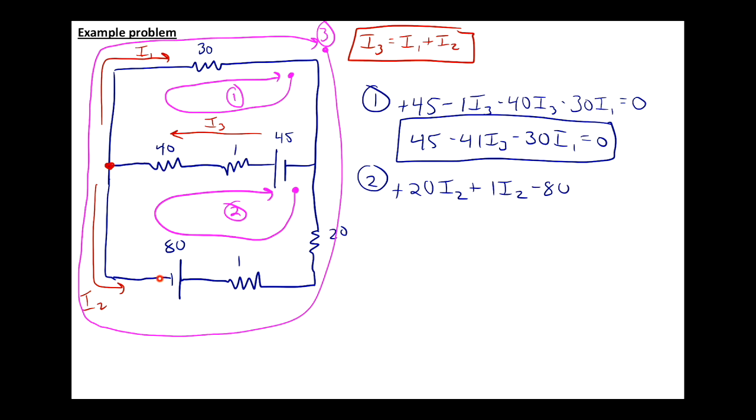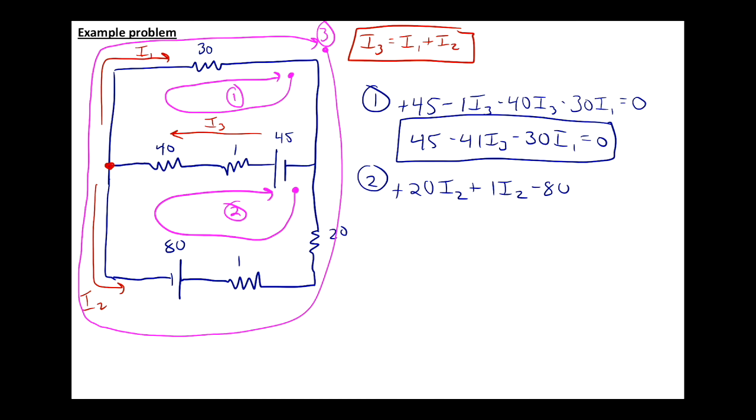Which puts us at this point, and then we get to this middle part, okay? For the middle, this time we're going from left to right, so we're going upstream against I3. So I'm going to have an increase in potential, an increase in potential, and then I'm going from positive to negative across the battery, which is a decrease in potential of 45 volts.